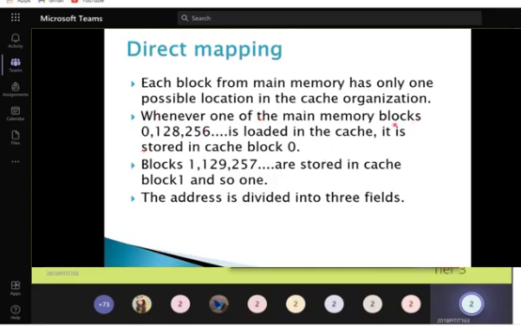So whenever one of the main memory blocks like 0, 128, 256 is loaded in the cache, it is stored in cache block 0.